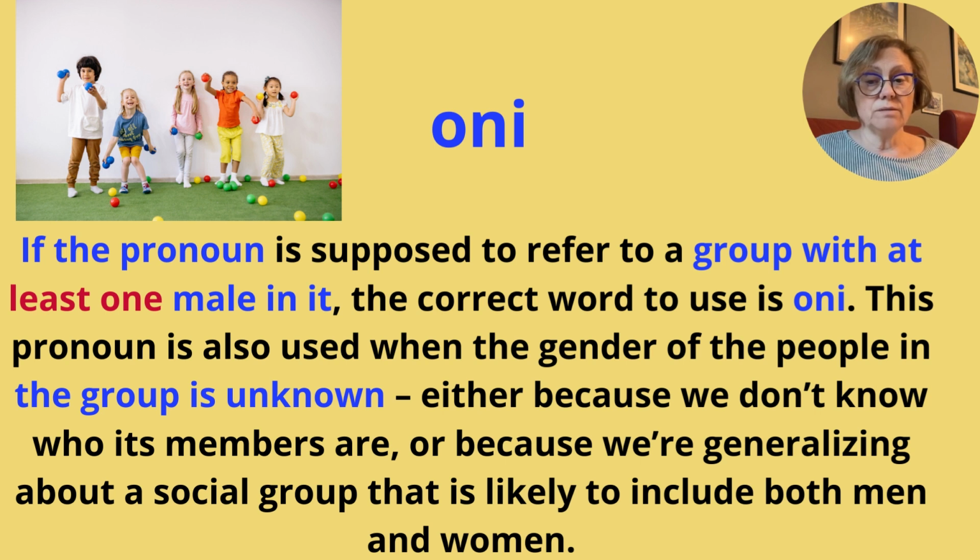This pronoun is also used when the gender of the people in the group is unknown, either because we don't know who its members are, or because we are generalizing about a social group that is likely to include both men and women.